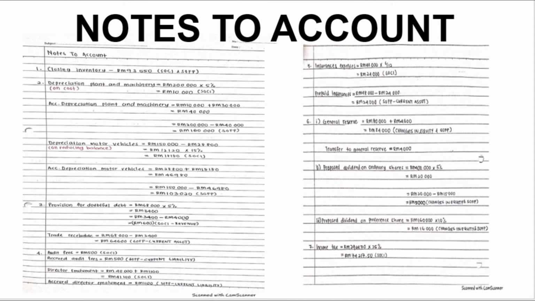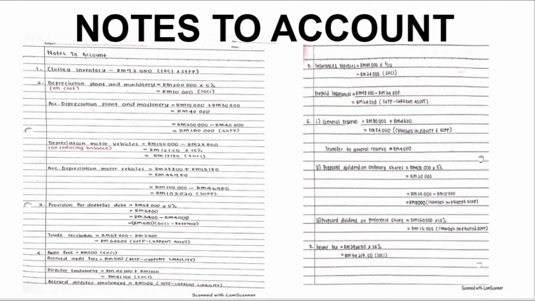After that, for the second note, I will explain how to calculate depreciation and accumulated depreciation for Nabilah Berhad. Firstly, depreciation for plant and machinery is 5% annually using the cost method. We need to use the original cost price, so 200,000 multiplied by the rate of 5% is 10,000 in the statement of comprehensive income.